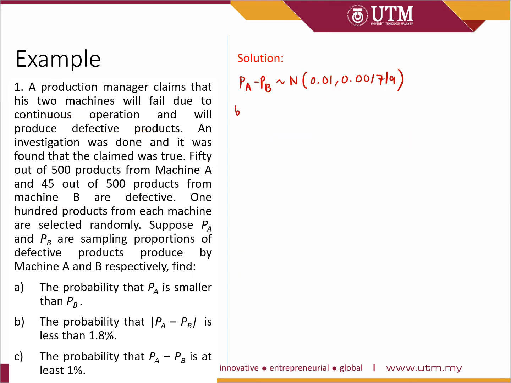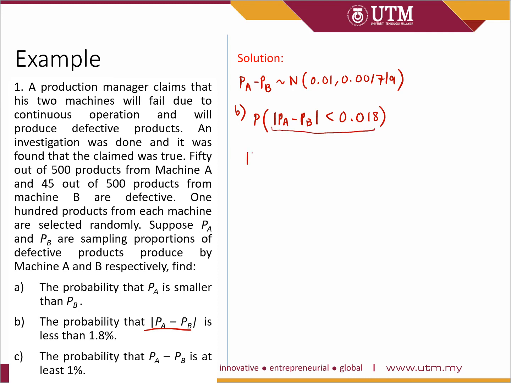So now let's try for B. The probability that the modulus of PA minus PB is less than 1.8%, which is less than 0.018. First, let's solve this modulus.